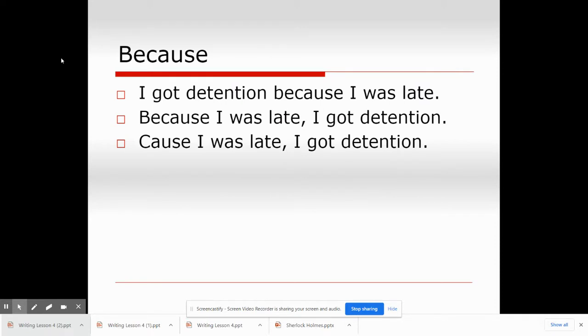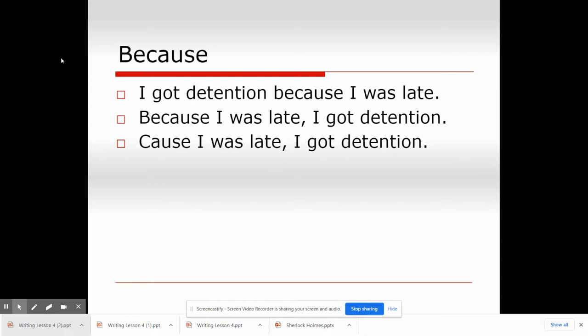Okay, so because, the word because, you can begin a sentence with because if it looks like this second example here. Because I was late, comma, I got detention. So that is that qualifying, non-essential, clarifying phrase at the beginning of the sentence.